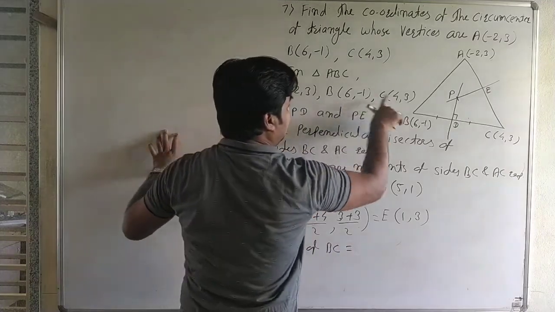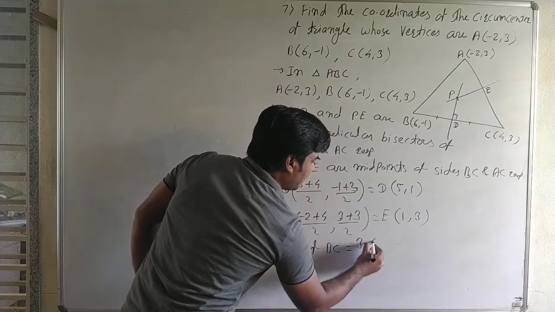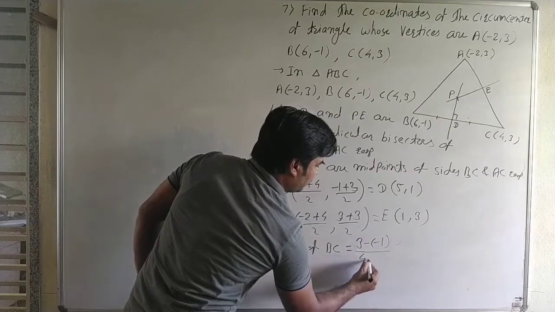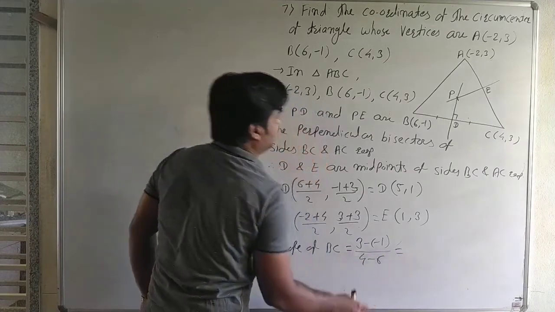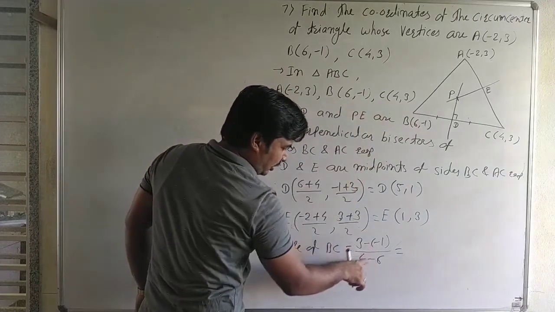Slope of BC, with points B and C: y2 minus y1 upon x2 minus x1, that is 3 minus 1 upon 4 minus 6. See carefully: y2 minus y1 upon x2 minus x1, then it is 4 upon minus 2. Therefore the slope of BC is minus 2.